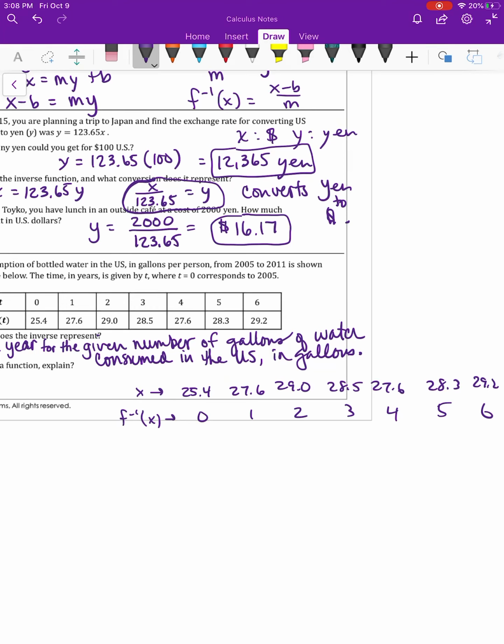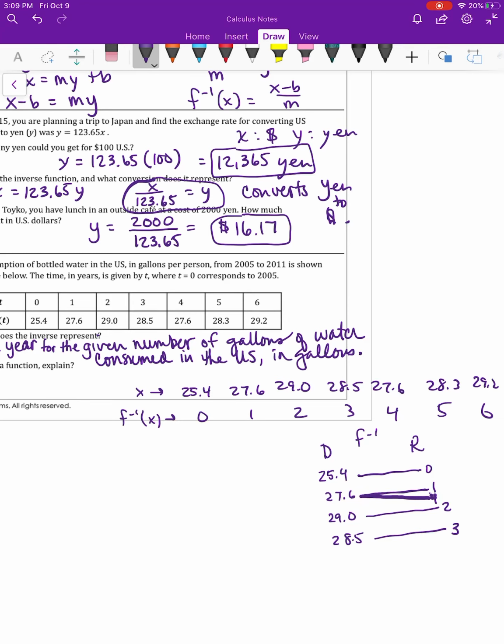So the bad thing is that when you think of it in terms of domain and range, when you're talking about f inverse here, and think about these are all your domains, and 25.4 goes to year 0, 27.6 goes to year 1, 29.0 goes to year 2, 28.5 goes to year 3, but then at year 4, look, it's 27.6 again.